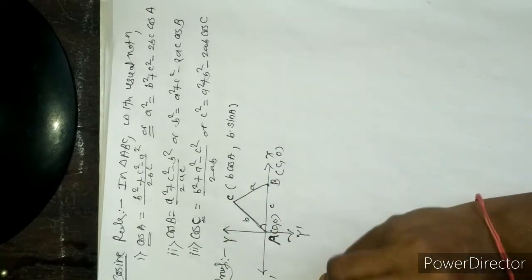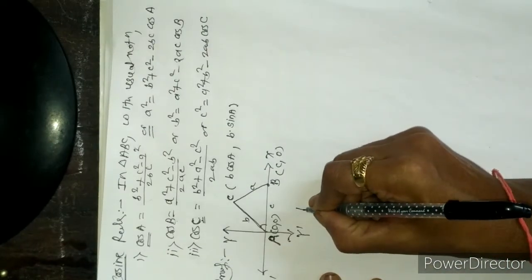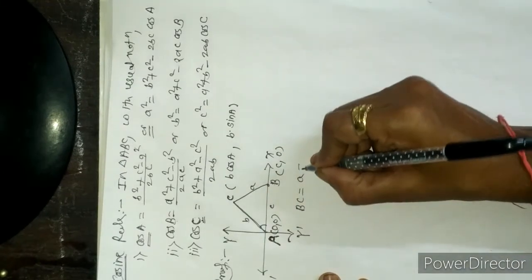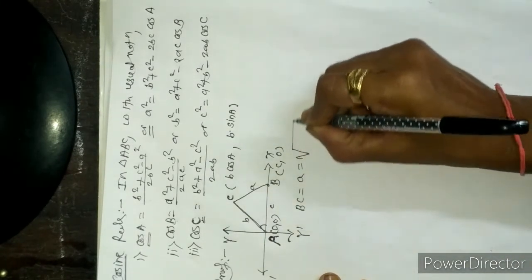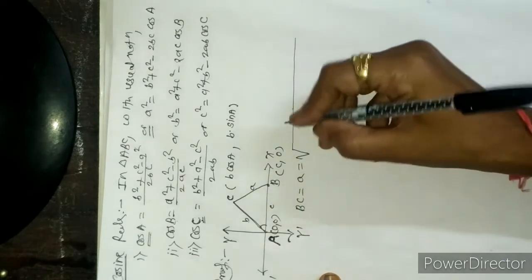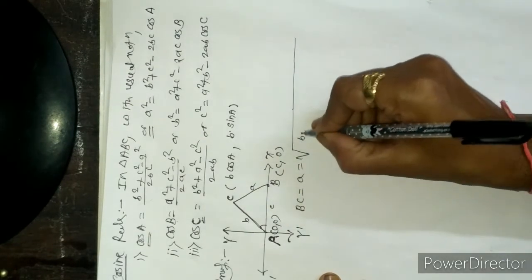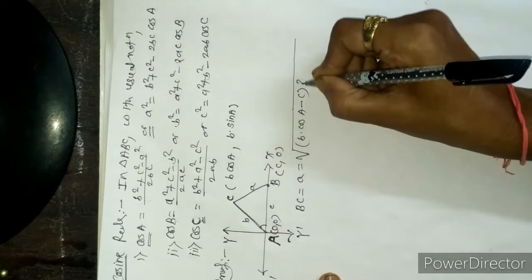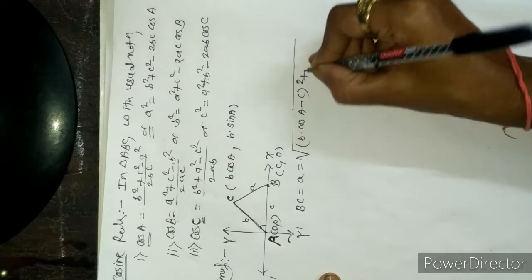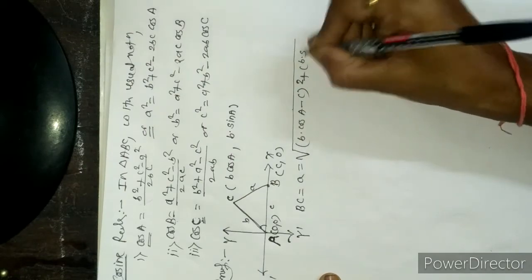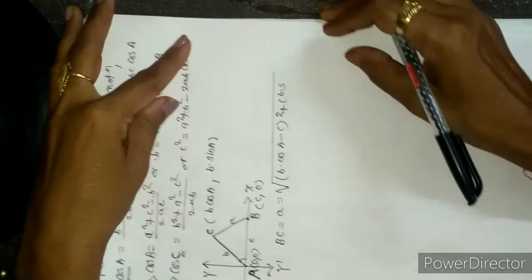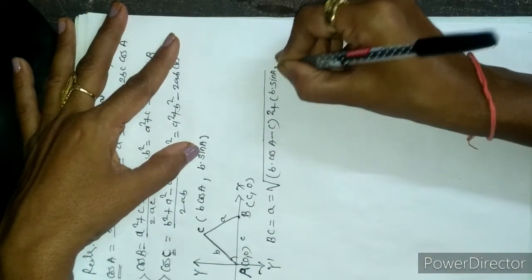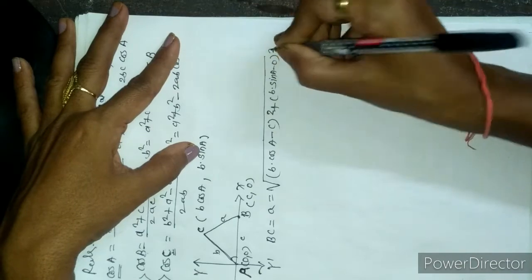Once you find the coordinates of the vertices of triangle ABC, then to find the relation of cosine A, we take the length opposite to it, that is A, meaning BC. BC is equal to A. Now by using the distance formula, A is the square root of (B cos A minus C) bracket square, that is (x2 minus x1) bracket square, plus (y2 minus y1), that is (B sin A minus 0) bracket square.